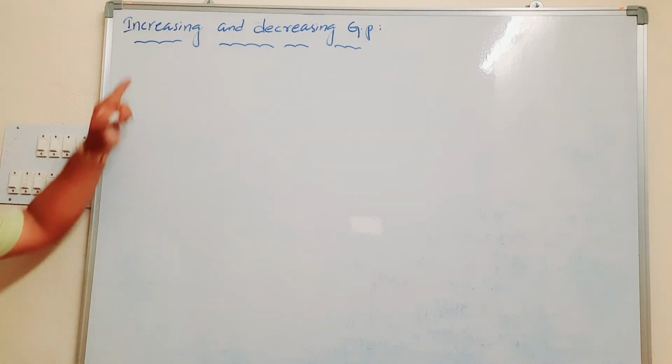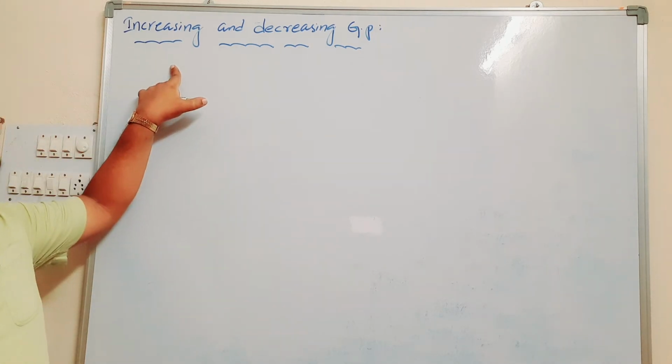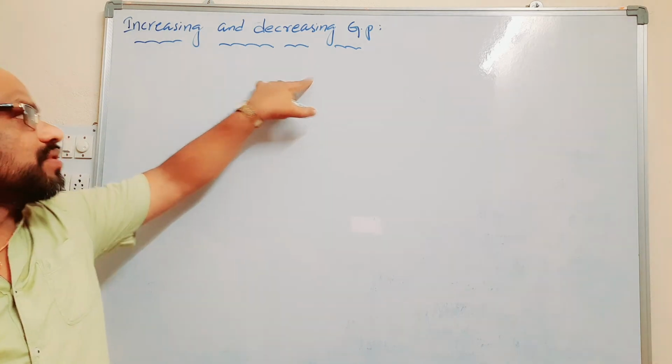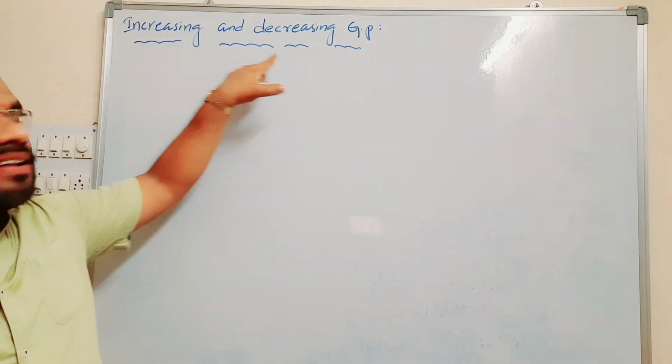here we discuss how to decide whether the given geometric progression is an increasing or decreasing geometric progression. That is increasing and decreasing GP.